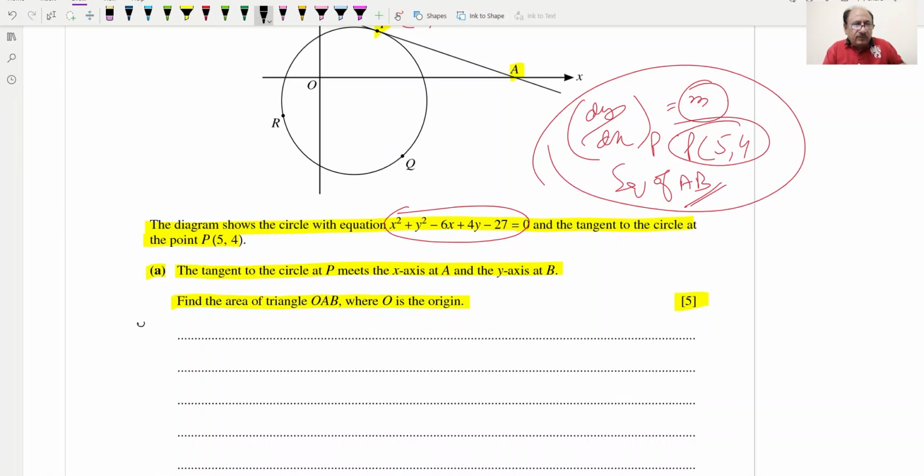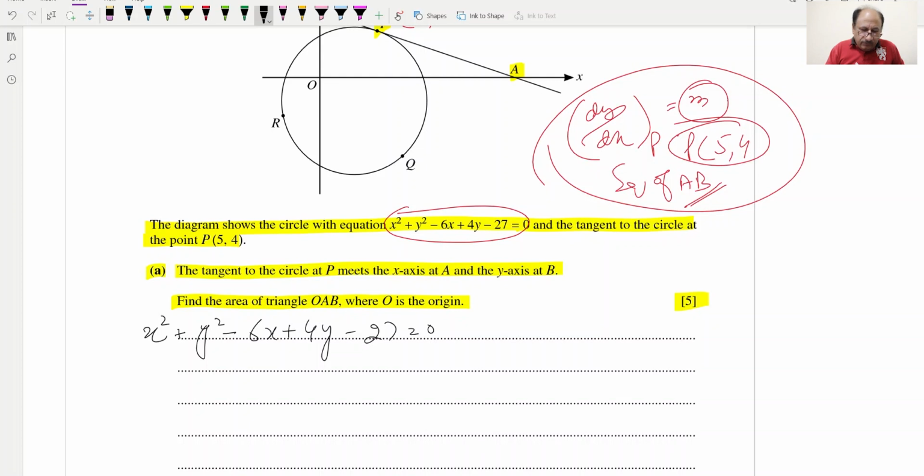The equation of the circle is provided, so we can take the derivative. The equation is x square plus y square minus 6x plus 4y minus 27 is equal to 0.